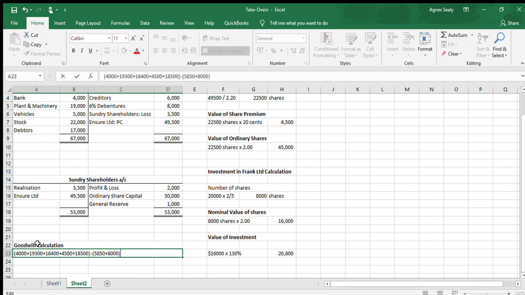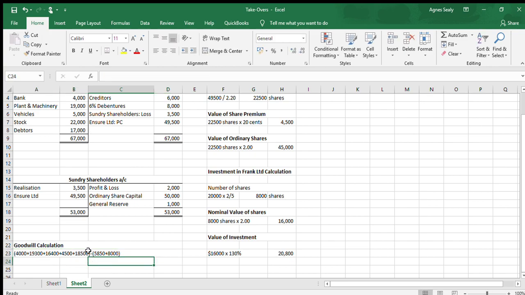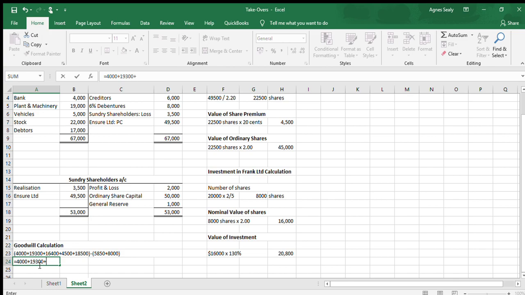So that is where I got my figures from. Then I'm going to actually do the calculation and show you how much that would be. So that equals 4,000 plus 19,300 plus 16,400.